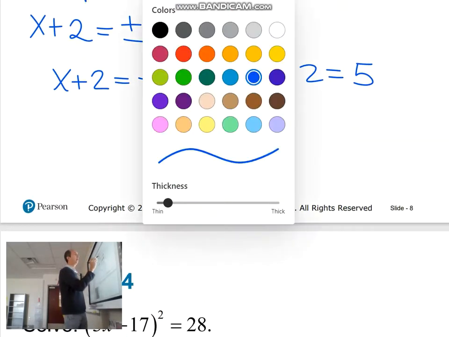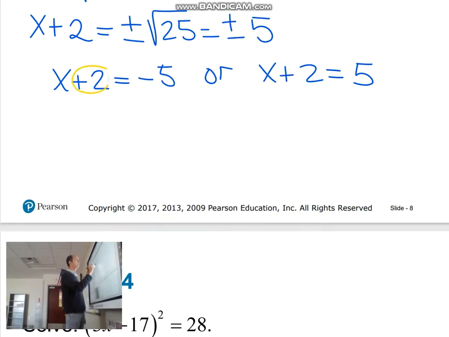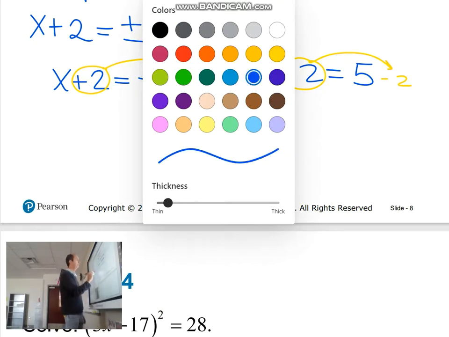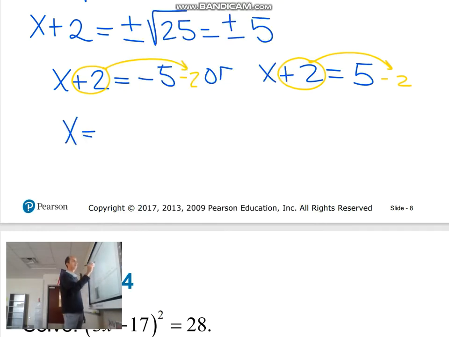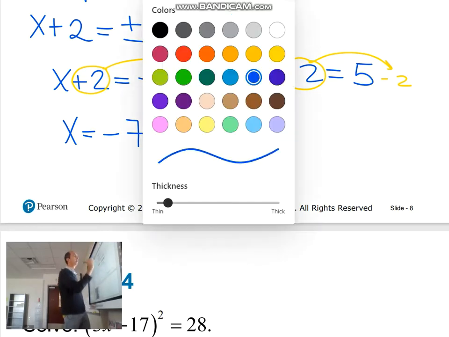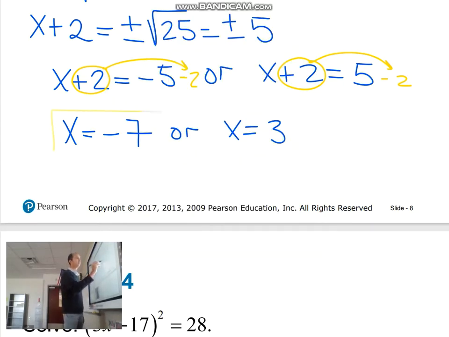Apply here the addition property of equality, move this to the other side as a negative, negative 2. Okay, so we have x equals negative 5 minus 2, negative 7, or x equals 5 minus 2, 3. Okay, this is the answer.